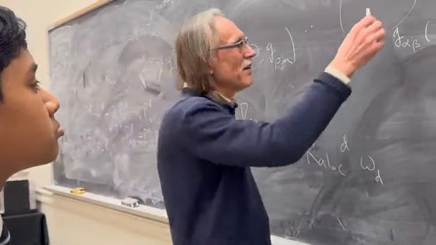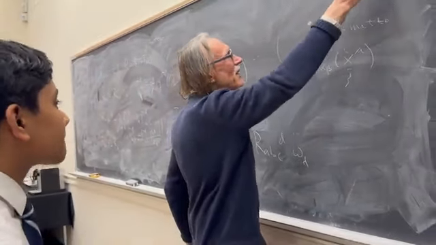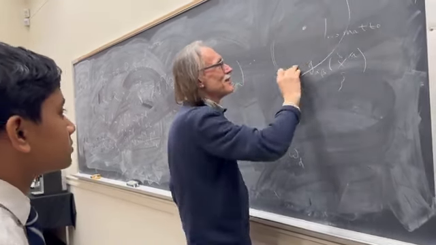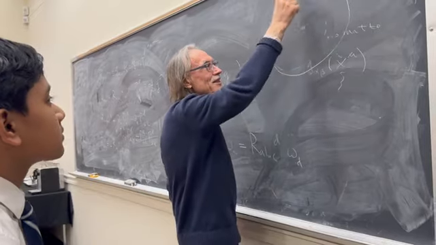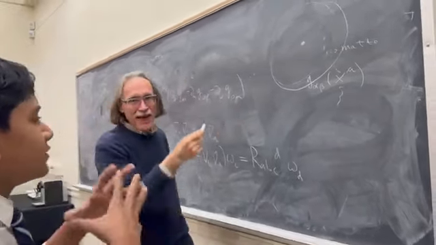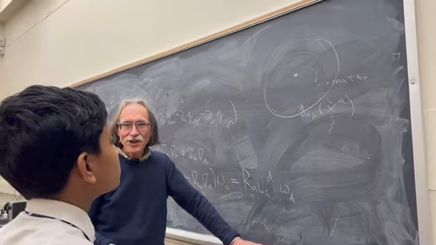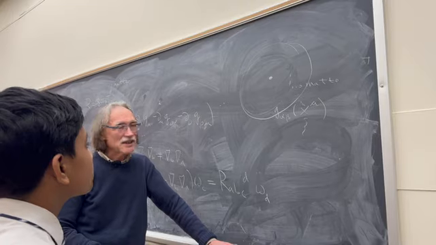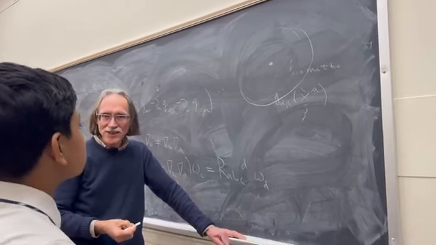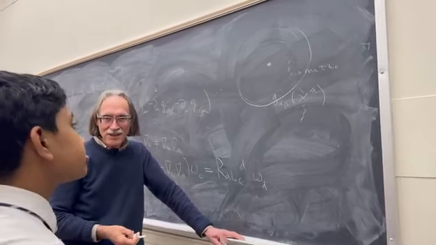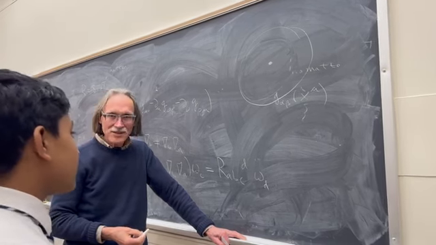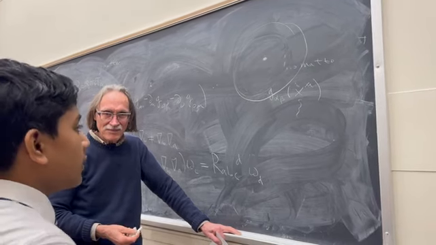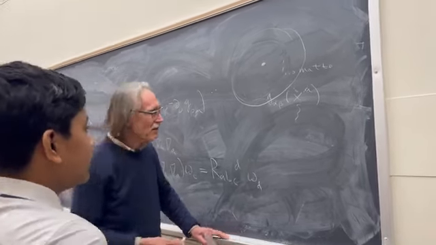It is everywhere the same, because a black hole has no structure, and that means it should be the same in all directions. So we can consider x1 equals x2 equals x3.